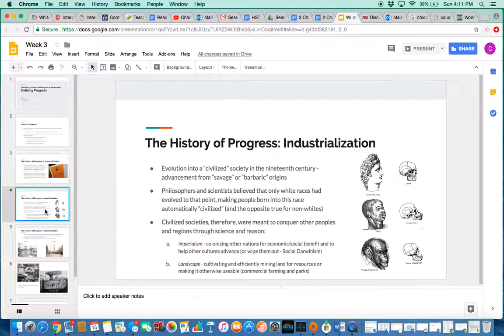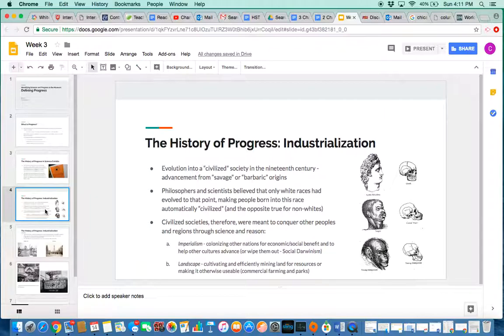If we look at examples like conquering the West, manifest destiny, we take over these lands that were currently under the use of Native American tribes or by Mexican peoples, and we say, you're not really using scientific advancement to the point that Western societies had discovered to cultivate and mine the land for resources.